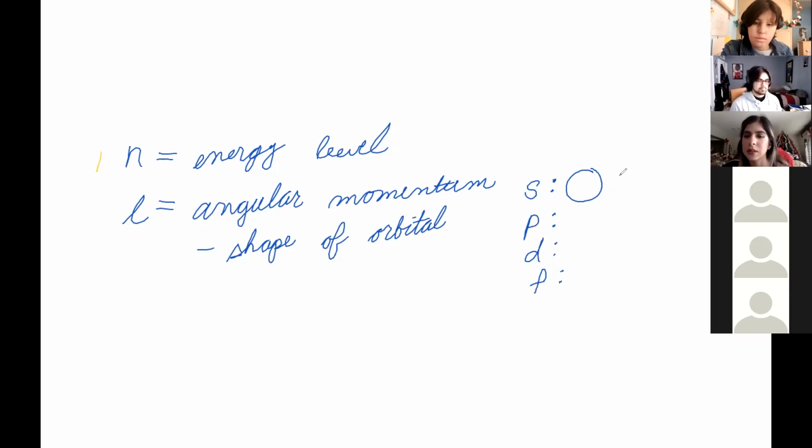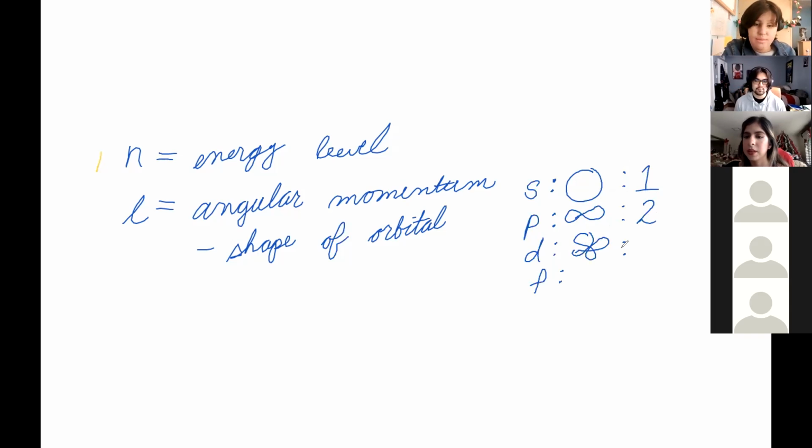It's going to look kind of like a dumbbell, like an infinity sign. This is going to be important when we get into hybridization, so just keep this in mind. And then D is going to look like 2 dumbbells together.